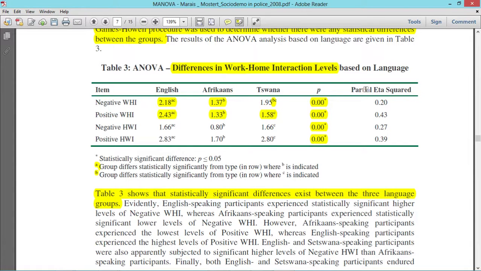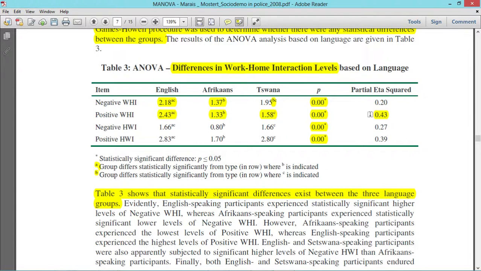It says that the partial eta squared will indicate the effect size. And I don't think we really need to know that. Just the whole point is, in the case of ANOVA, the significant row that has the highest partial eta squared value explains or has the highest effect size towards the dependent variable, if I'm not mistaken.